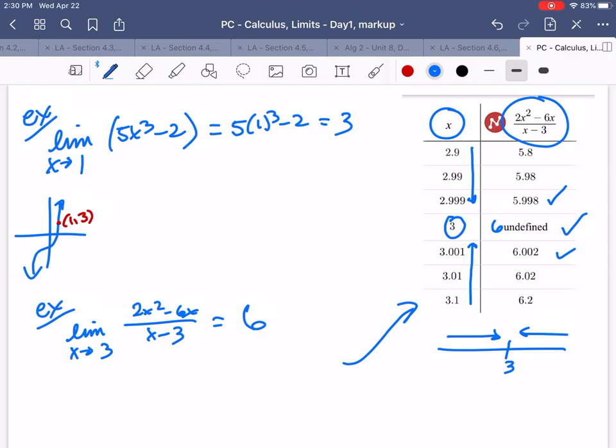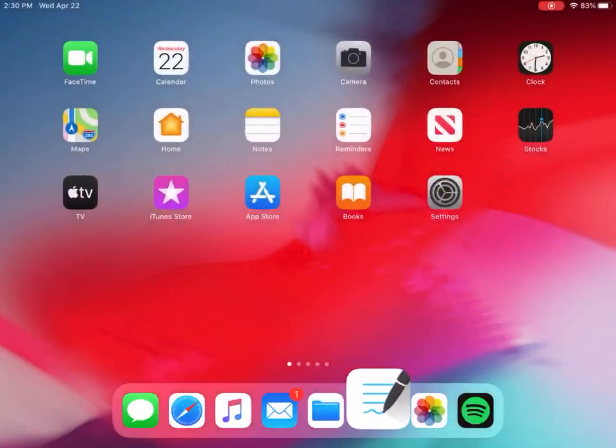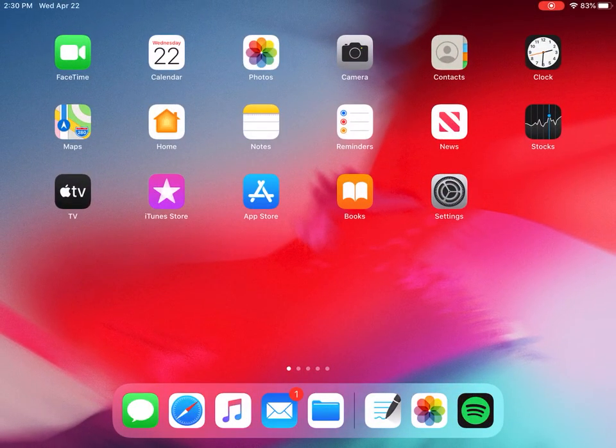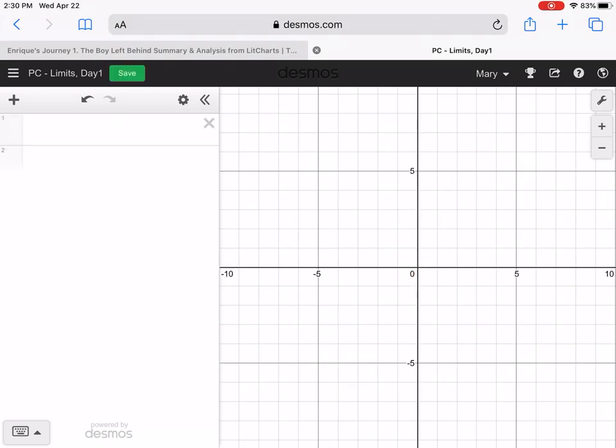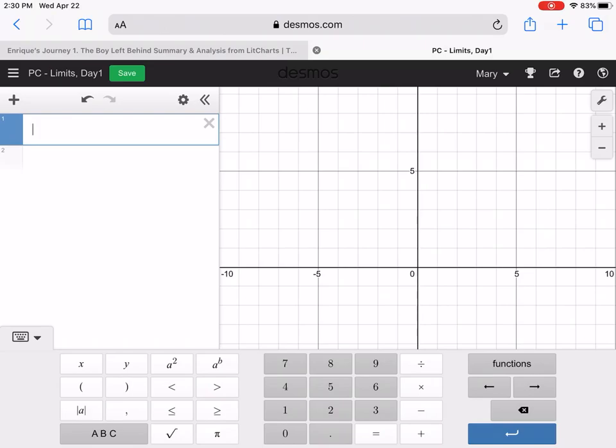Okay, so let me show you on Desmos how you would do that. You have your function, 2x squared minus 6x over x minus 3. All right, so where is my Desmos? There it is. I'm just going to get rid of this one and put in your problem.